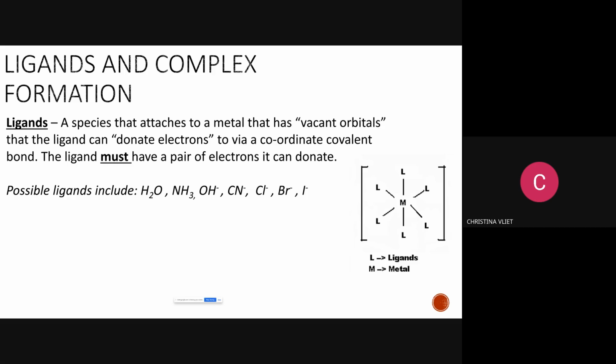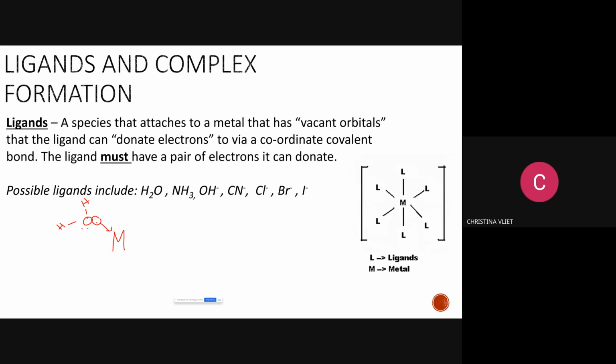If I have a transition metal ion, it has what we call vacant d orbitals, meaning it has a lot of space, some have more than others, to accept electrons. And so a ligand will come in, like water, and it will donate a pair of electrons to that metal.